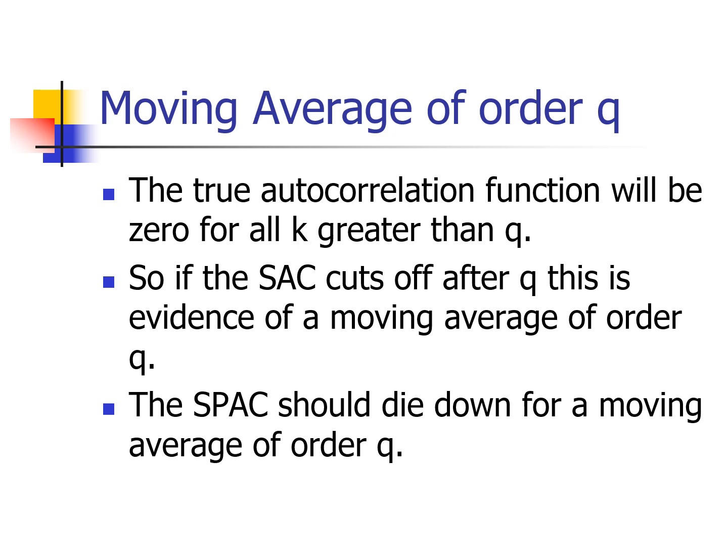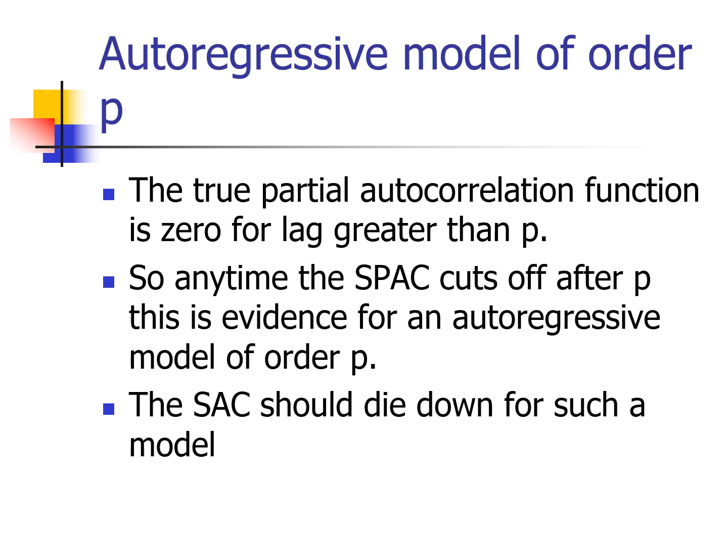We will see the autoregressive is the exact opposite of that. An autoregressive model of order p cuts off after lag p, the SPAC cuts off after lag p, and the SAC dies down.